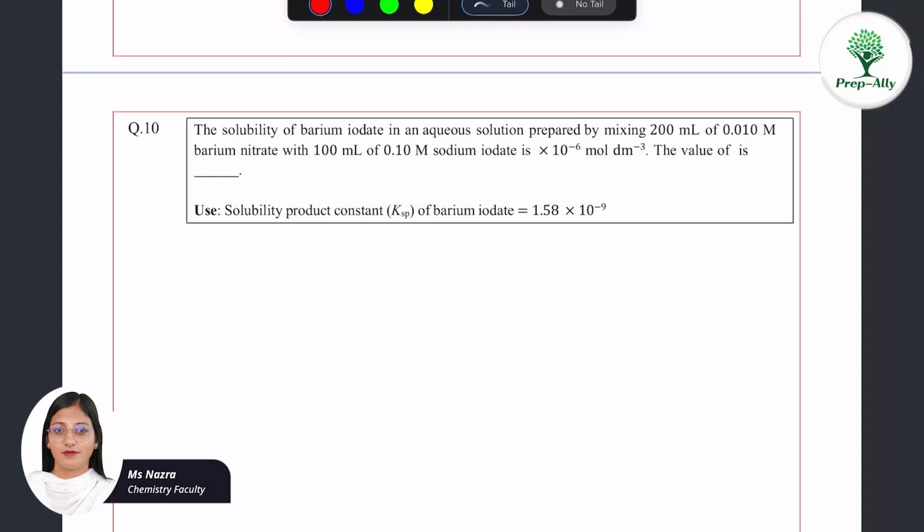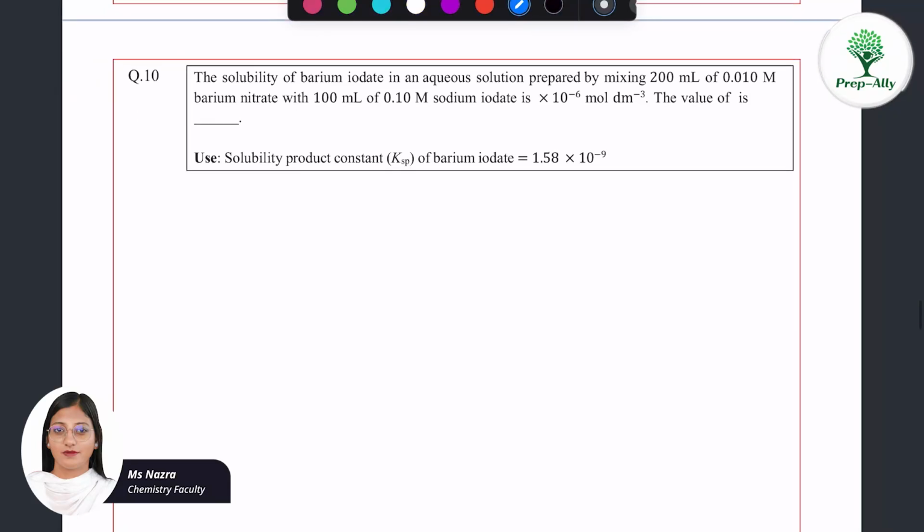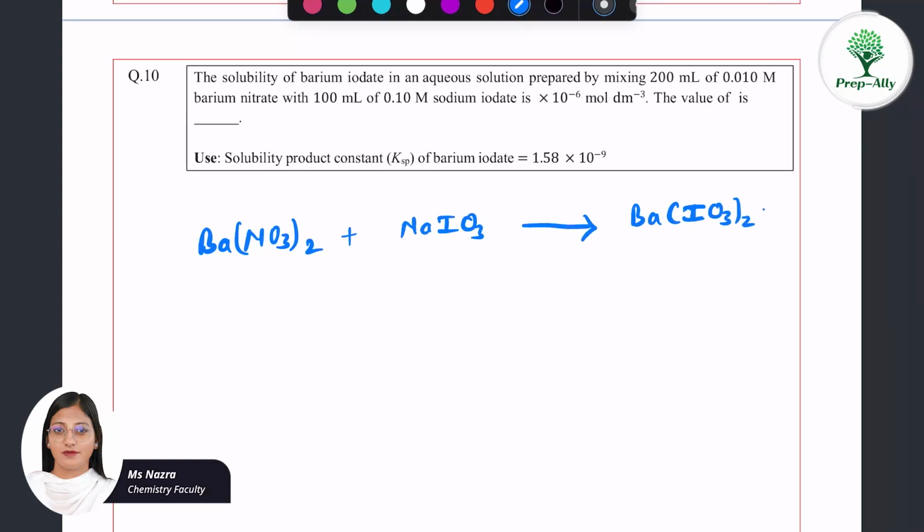Now let's see how the reaction will be happening over here. Barium nitrate, Ba(NO3)2, when mixed with sodium iodide, NaIO3, results in the formation of barium iodide plus sodium nitrate.